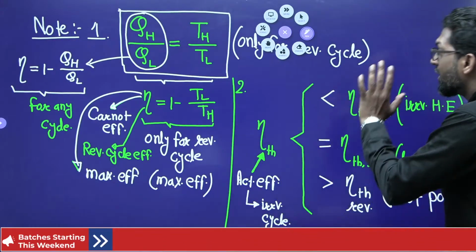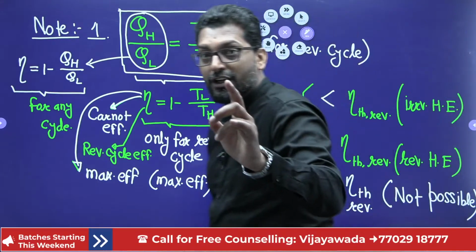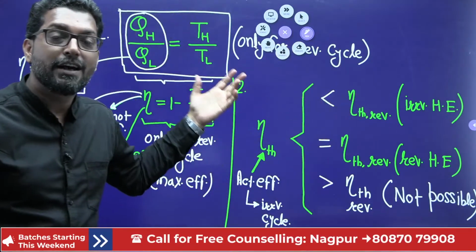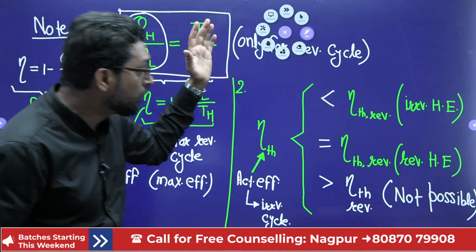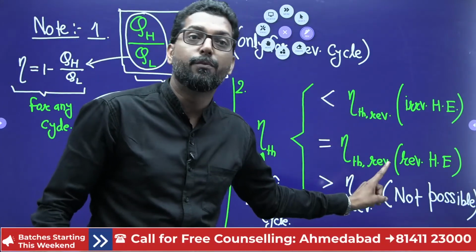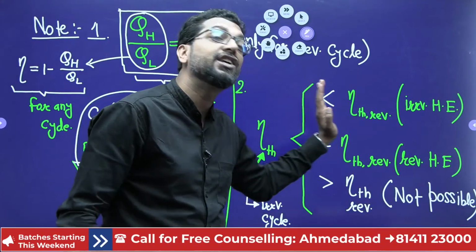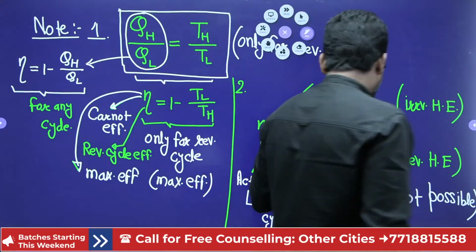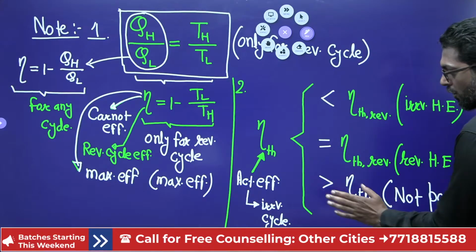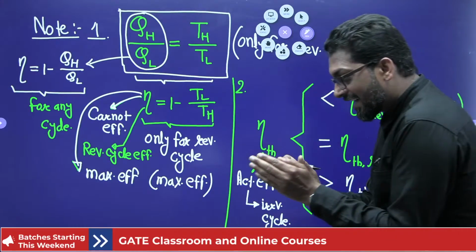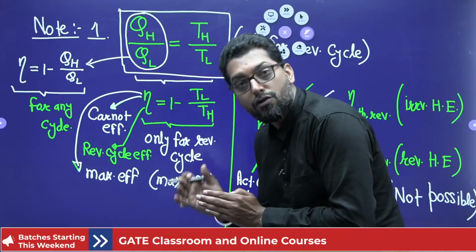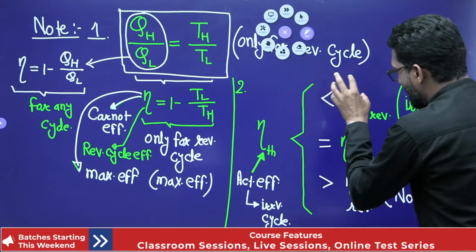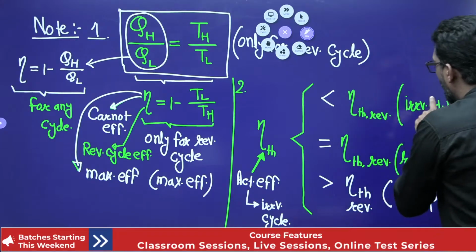That is the utility. What was the question asked already, Atul? Why is this Carnot efficiency of a cycle so important? Because by comparing efficiency we can check whether a cycle is possible or not. If efficiency is less than the reversible efficiency, possible.